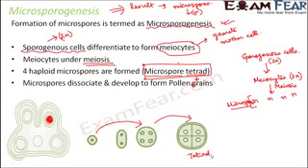But again, with maturity, they will dissociate to form 4 separate cells. They will not remain attached together always. As they mature, they will get dissociated from each other, and then these will later develop to form the pollen grains. Now, how that development into pollen grains takes place, let us try to understand that. For that, we need to talk more about pollen grains. I hope it is clear till here.